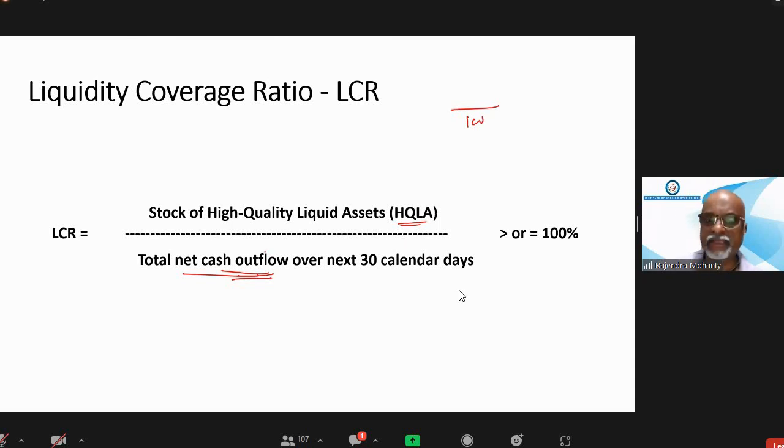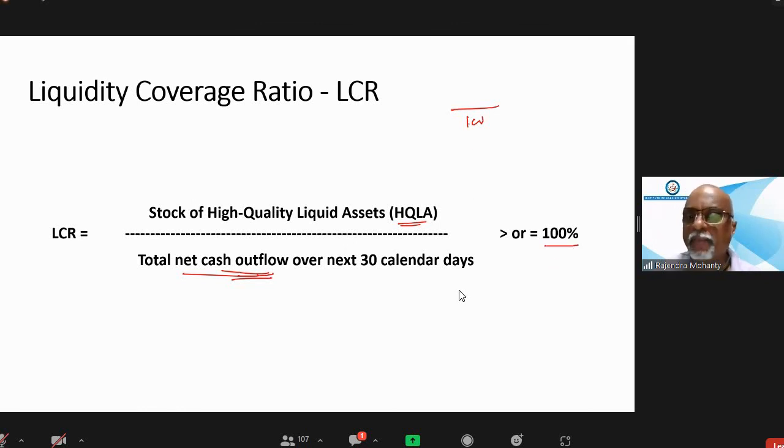Suppose we have calculated the net cash outflow at, say, 100. As per this, LCR should be maintained at equal to or more than 100%. That means my HQLA should be at least 100 or more. So 100 means I am maintaining 100%. If it is 120, it is definitely more than that, so 120%.